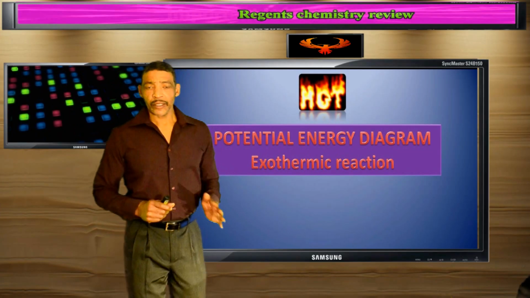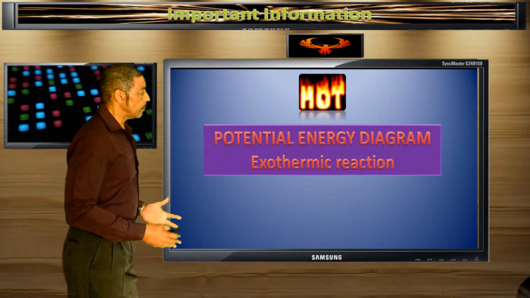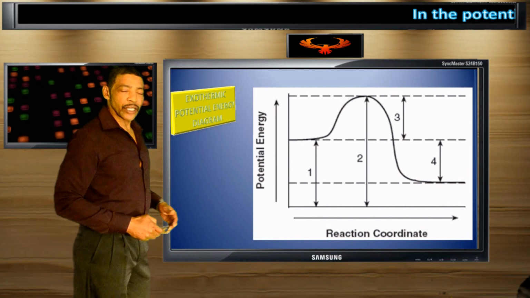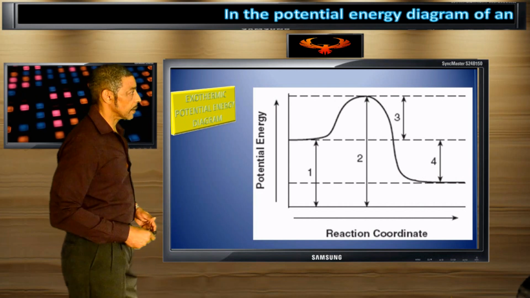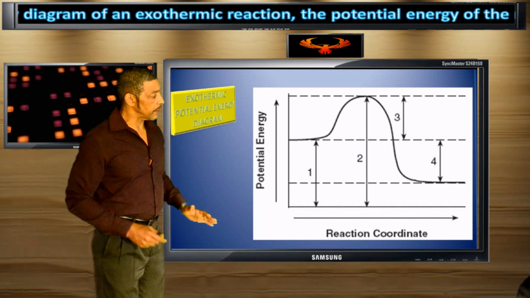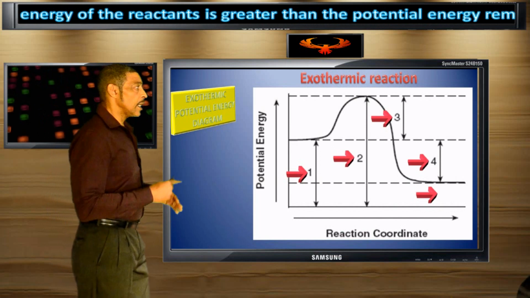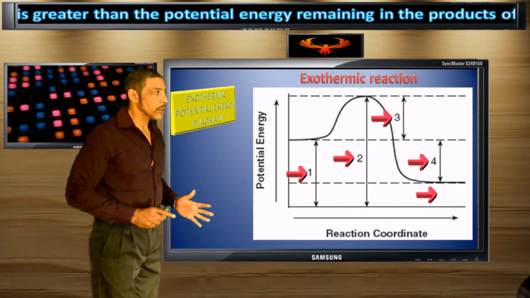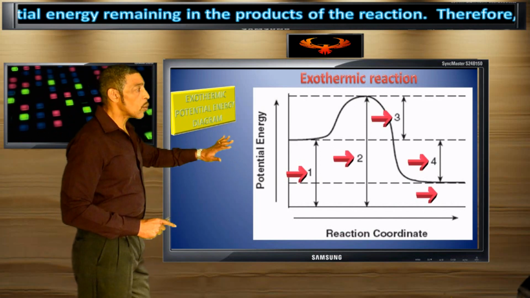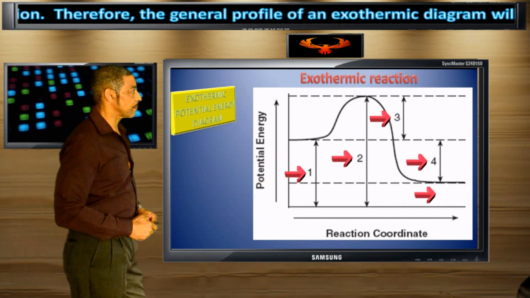Now I will explain how to label potential energy diagrams, beginning with the potential energy diagram of an exothermic reaction. This is an image of a potential energy diagram representing an exothermic chemical reaction. Each number represents either the potential energy or a change in potential energy during a reaction.